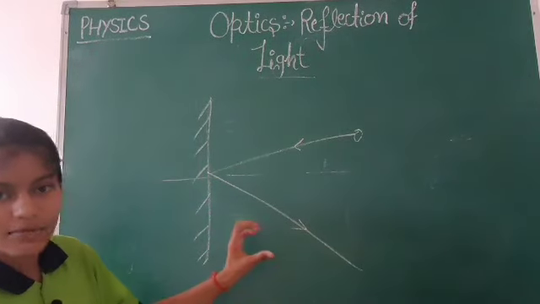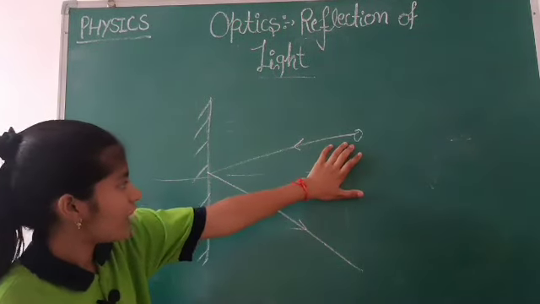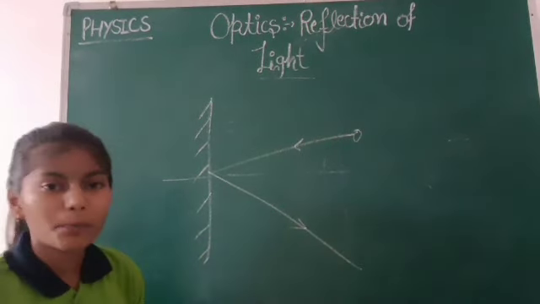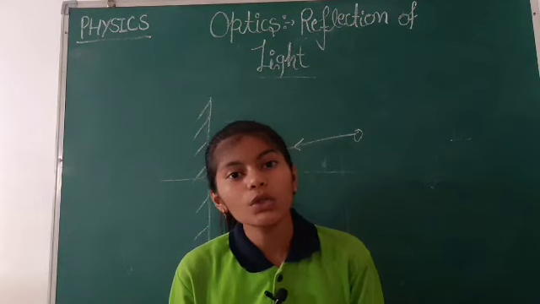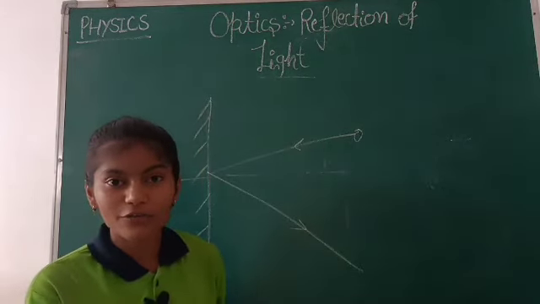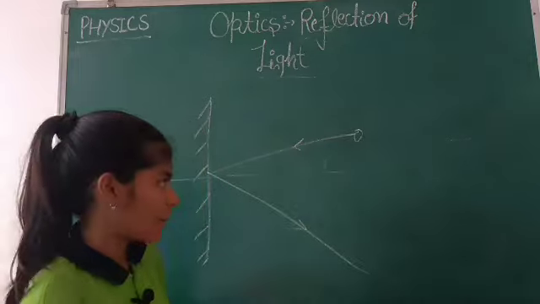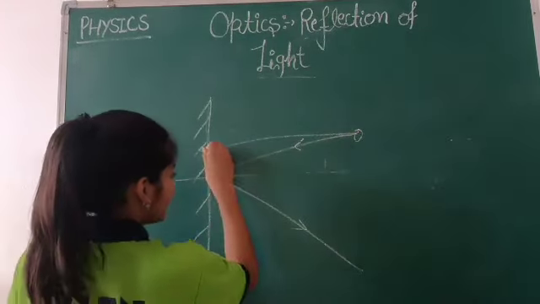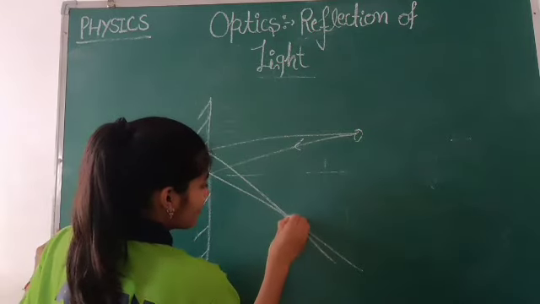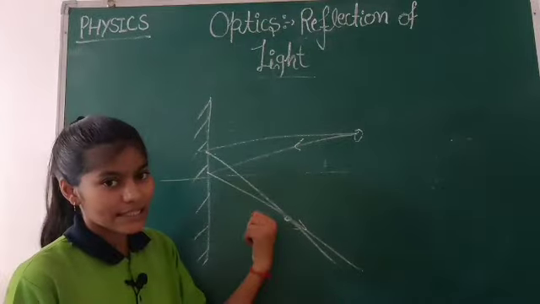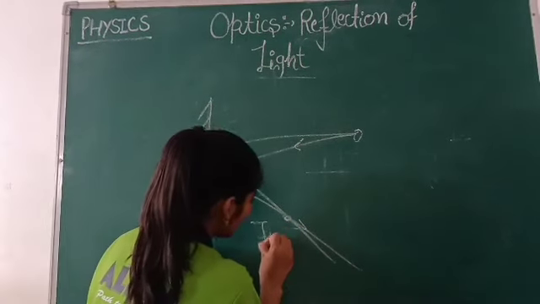Then image is when this source of light incidents a ray of light and it is reflected, then the point at which two or more rays of light meet, at that point we see an image is formed. Let's suppose it is coming like this and meeting like this. This is a hypothetical situation, and this is what we get as image.